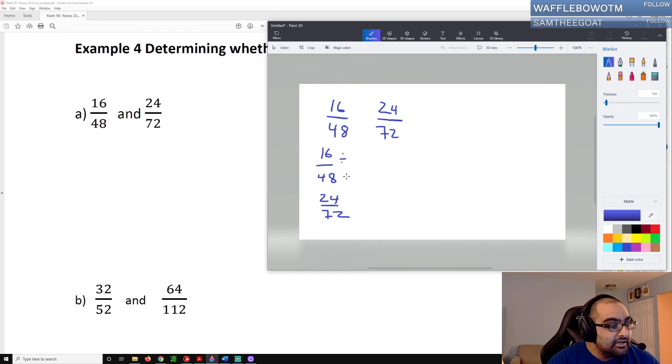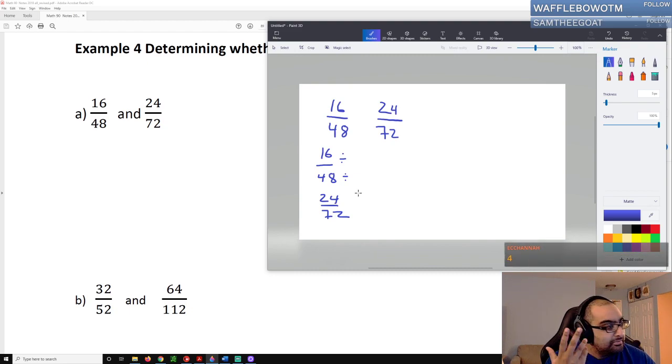I can divide here, and I can divide here. Got to be the same one, though. 4? Absolutely. Let's go with 4. 4 works. So if we take 16 divided by 4, that's going to be 4 straight up. And if you do 48 divided by 4, that's going to be 12.